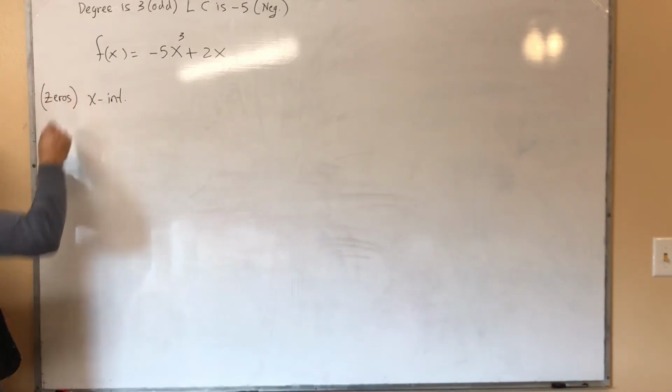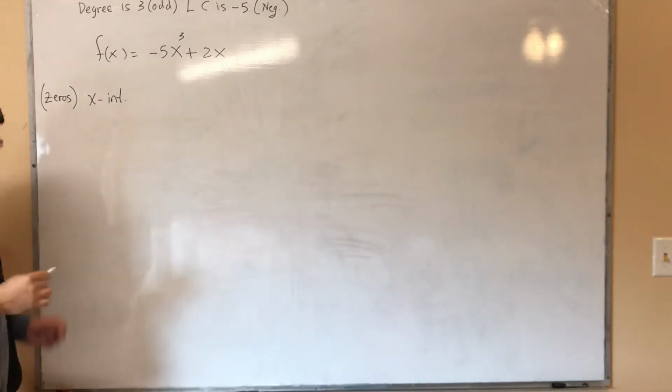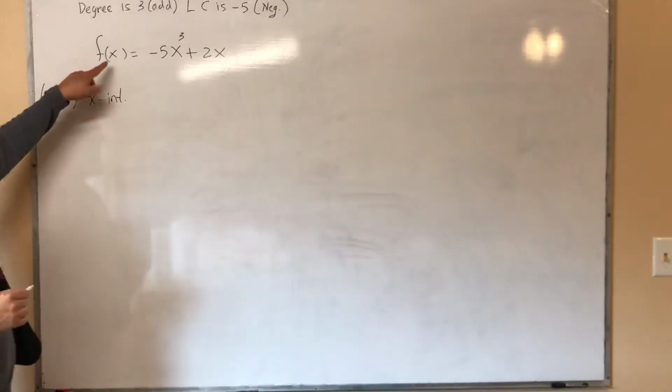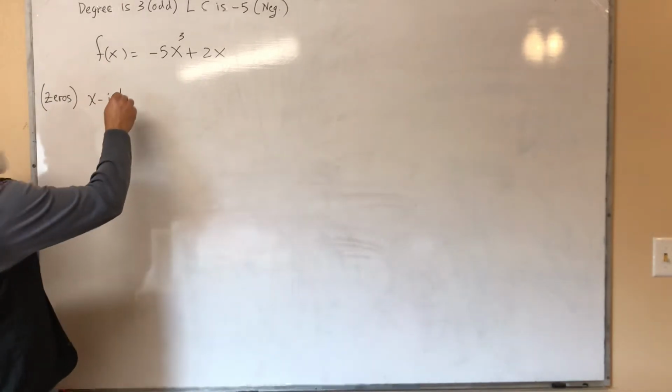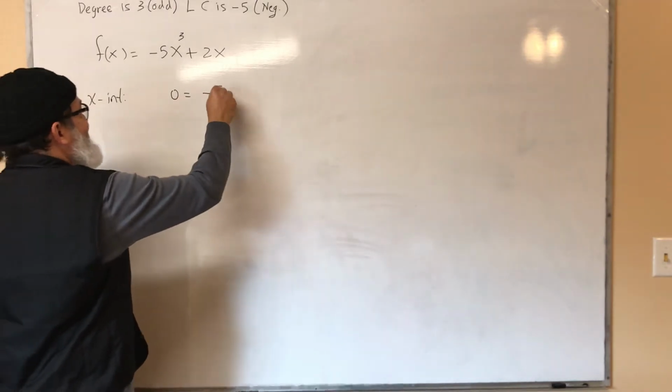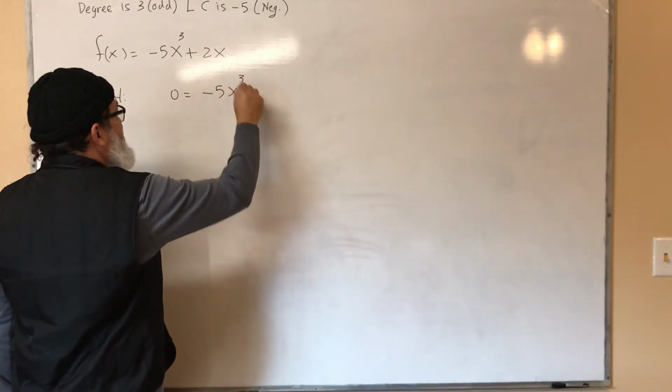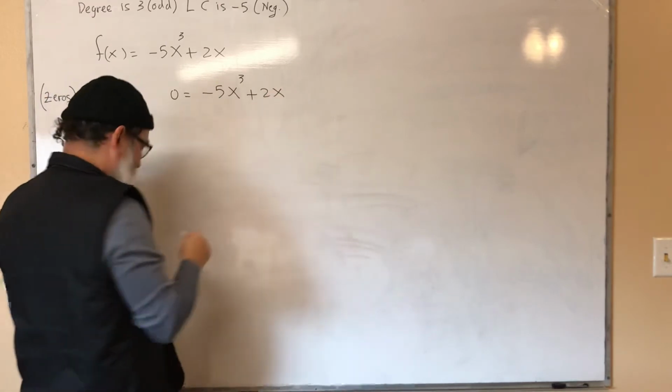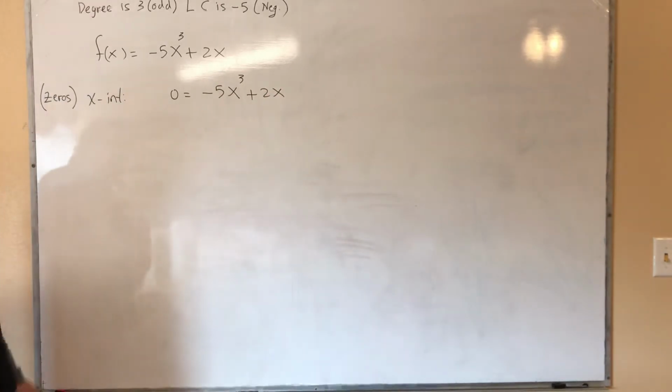How do you find the x-intercepts? Let f of x equal 0. 0 equals negative 5x to the third plus 2x. Okay.